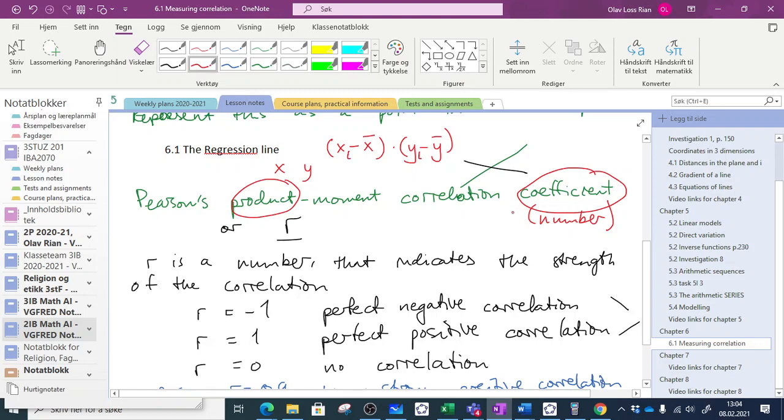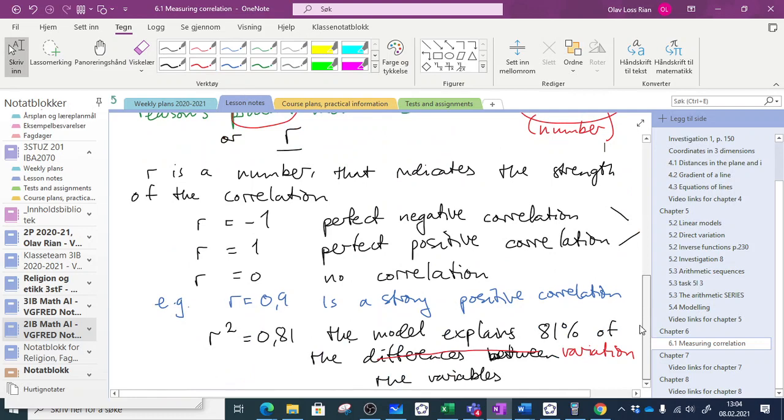It's not an x or a y. It's just a number that tells us the strength of the correlation. So R is a number made by a relationship between something called covariance and the standard deviation of each variable.